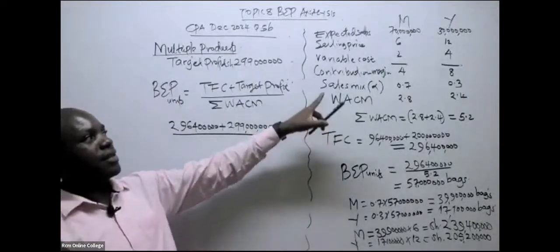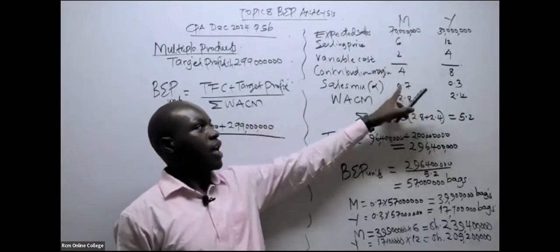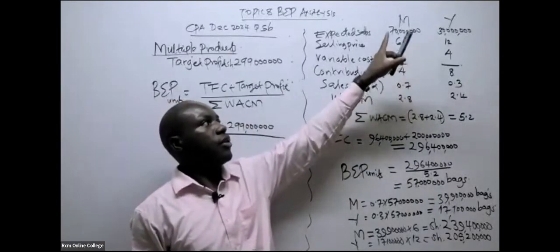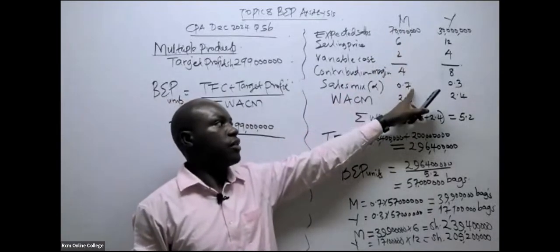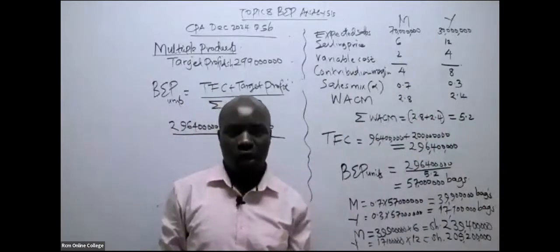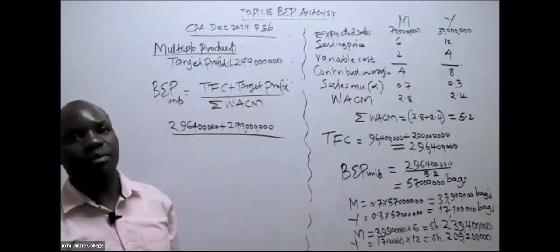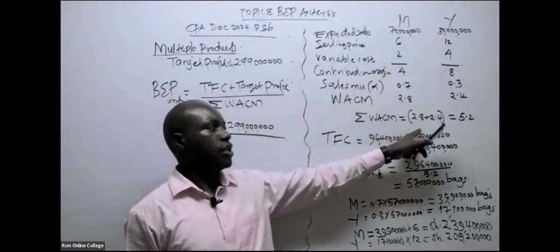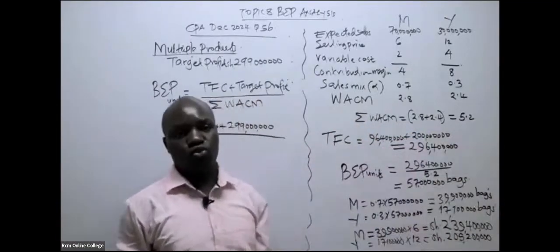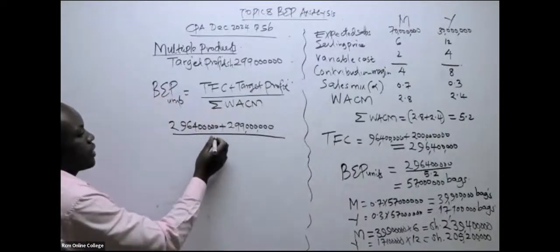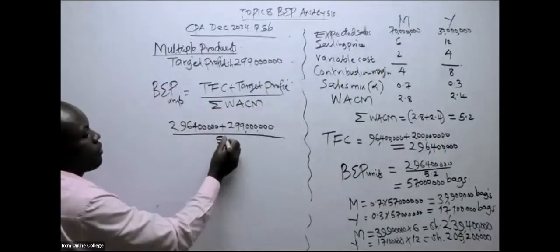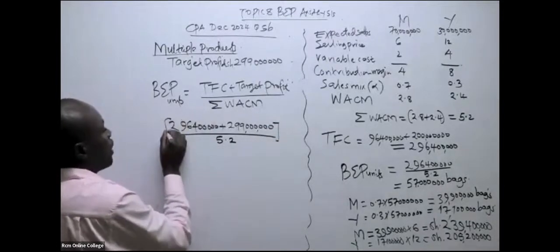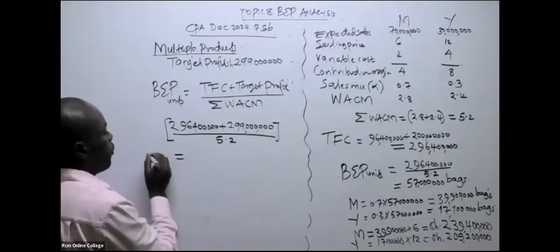Our current sales mix ratio is 70 million to 30 million. That is 0.7 to 0.3. So under that sales mix ratio, our summation of weighted average contribution margin was 5.2. Please go ahead and give me the break-even point in units.